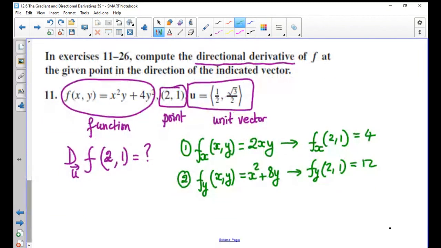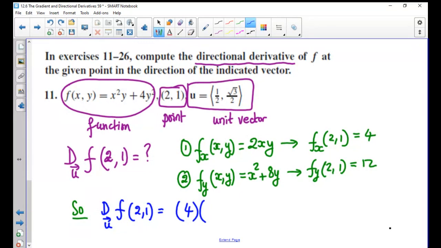Okay, so therefore, after that we can write, the directional derivative of f in the direction of u at the point (2, 1) is going to be 4 times, what? So we need this number and this number.